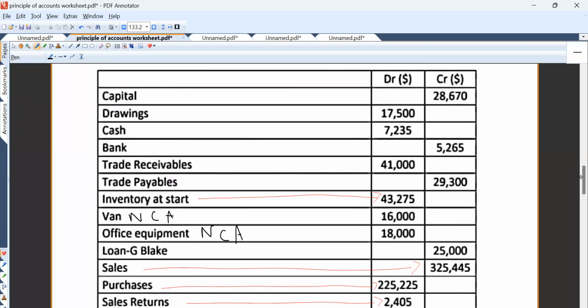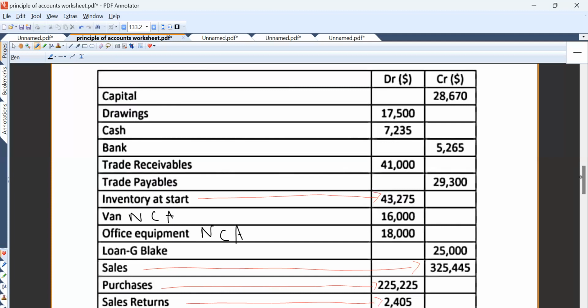Write it down with you. An expense is a cost that businesses incur in running their operations. For example, wages, salaries, rent, and depreciation. In this question, there is no depreciation, but there could be depreciation on van and office equipment, because these are non-current assets.